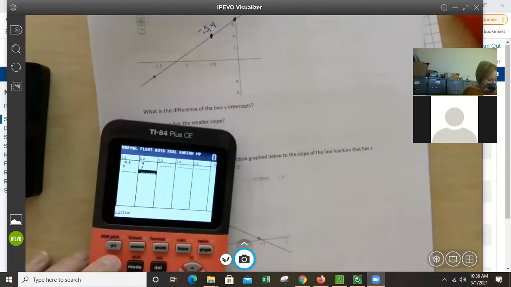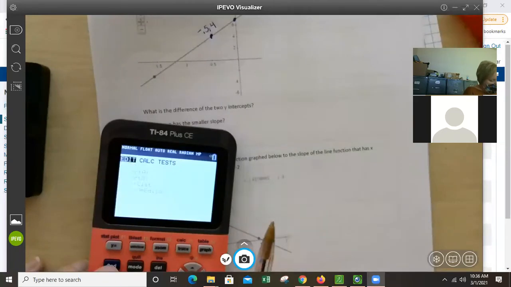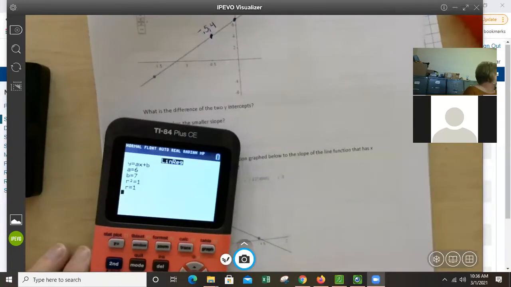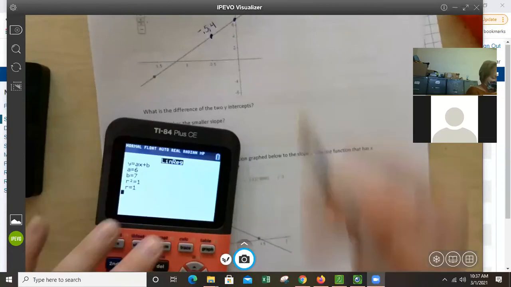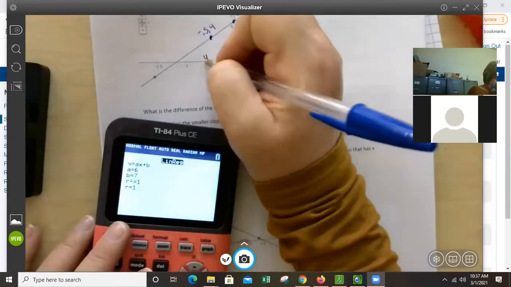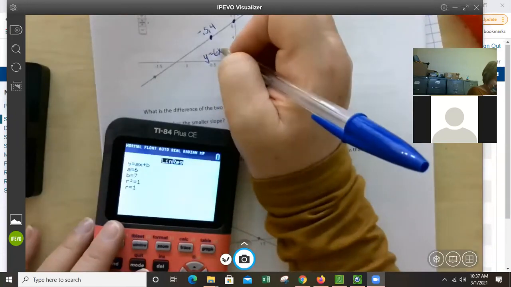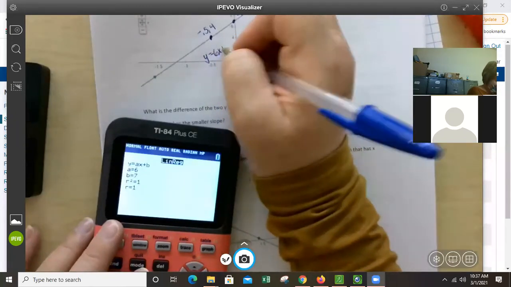Then I go to stat, over to calc, and down to number 4. Keep hitting enter. Is that what y'all got, the ones that did it? So for the graph, y equals 6x plus 7, okay?